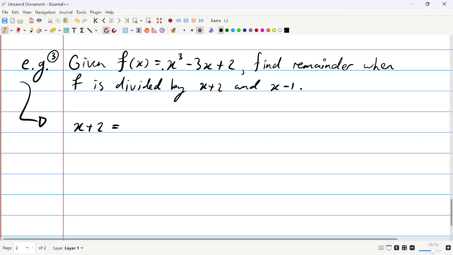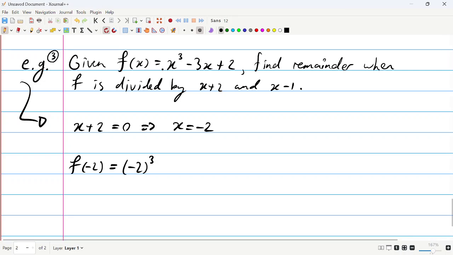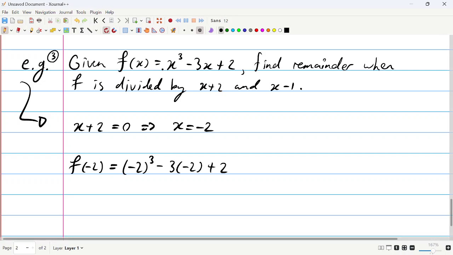So x plus 2 equals 0 implies that x is equal to negative 2. And therefore at x equals negative 2, we have f of negative 2, where we replace all the x values in the function with negative 2. Negative 2 cubed minus 3 times negative 2 plus 2.